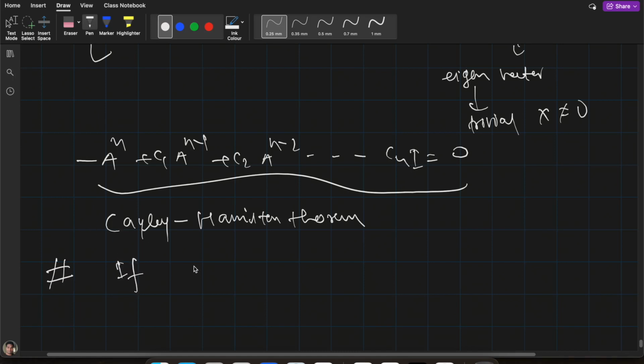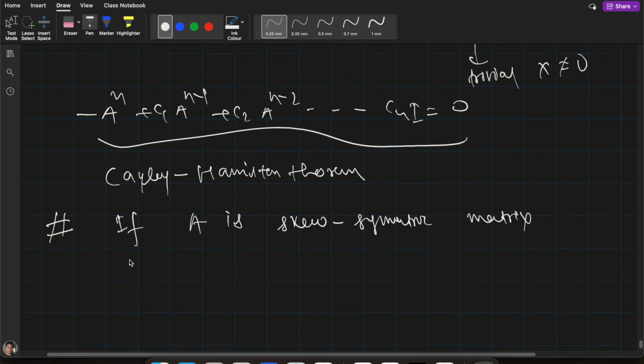If A is a skew symmetric matrix, then eigenvalues are either 0 or purely imaginary.